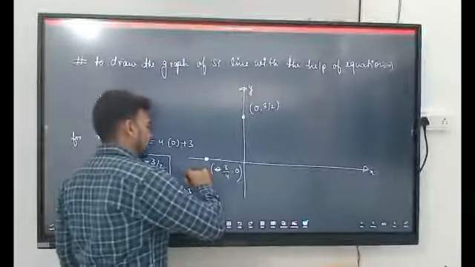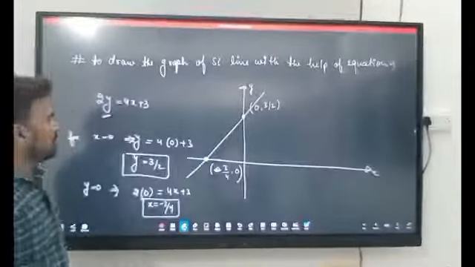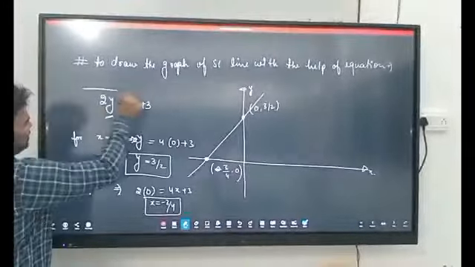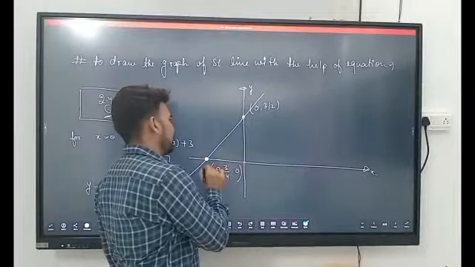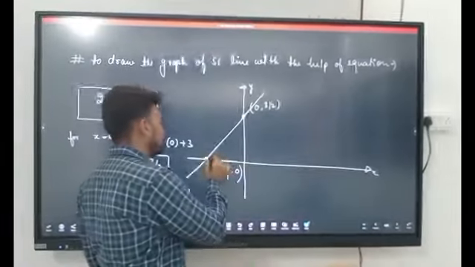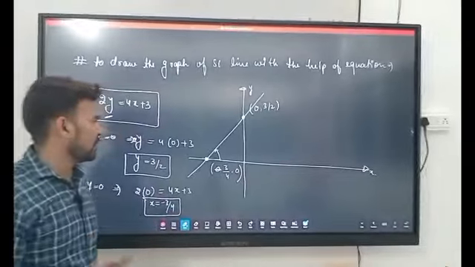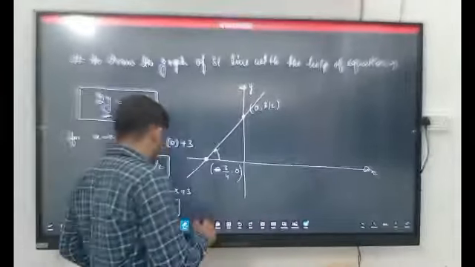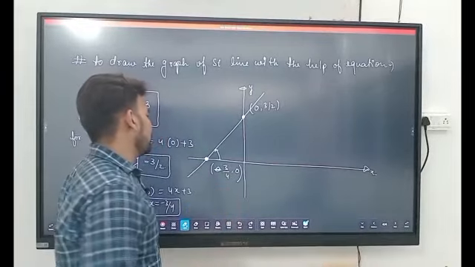If we join both points, the line we get represents the straight line 2y equals 4x plus 3. If you want to check the slope of the line, the slope is positive, and we can also get its exact magnitude from here.